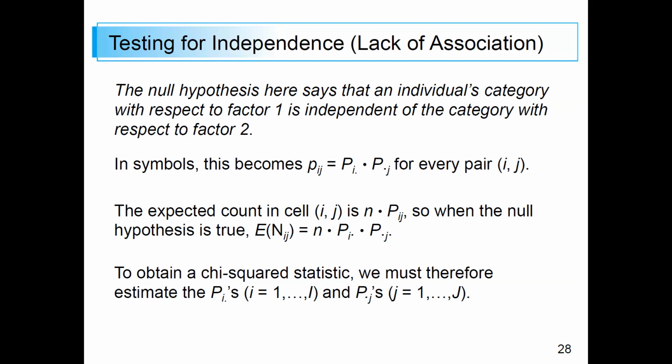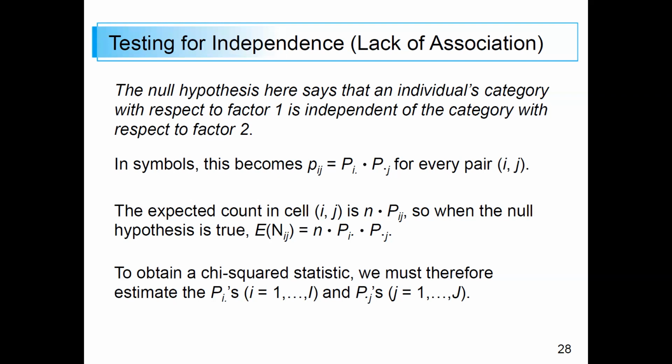Why is it n times the probability? That's because when you consider just in the cell versus not in the cell, those are the two categories, and the total count is fixed. Any of the individuals is either in there or not in there, and these individuals are all identically distributed, so it's a binomial random variable.